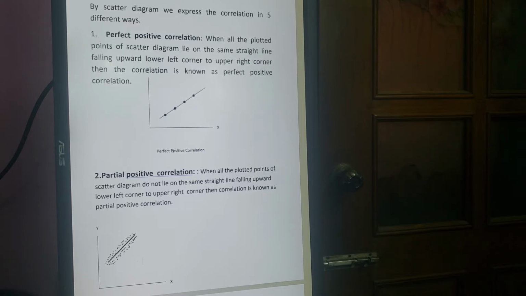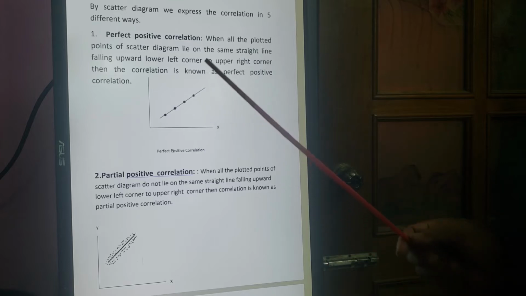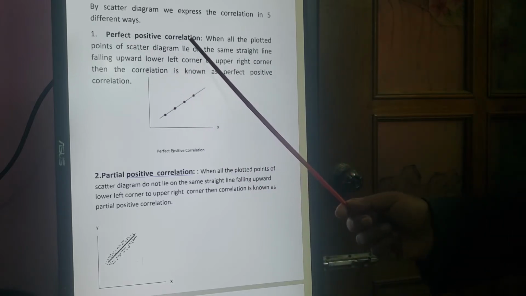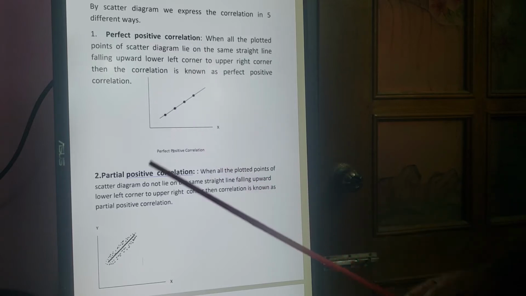These 5 types can also be described with the help of the scatter diagram. So you have already learned the scatter diagram. Now we describe perfect positive correlation by the scatter diagram.